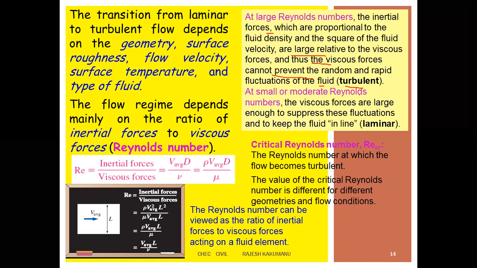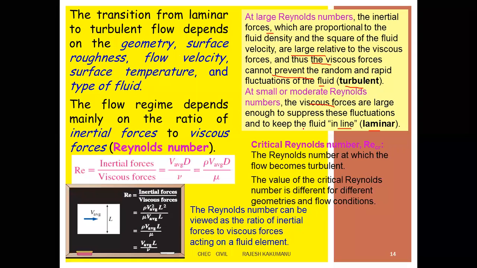At small or moderate Reynolds number, the viscous forces are large enough to suppress these fluctuations and keep the fluid in line, and automatically it is a laminar flow. When the Reynolds number is very small, we call it laminar flow. When the Reynolds number is very large, we call it turbulent flow.